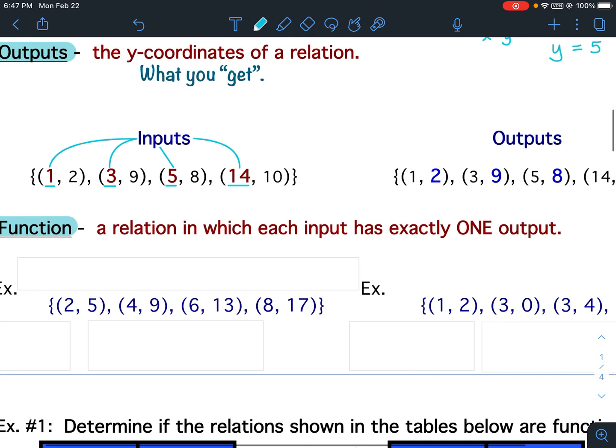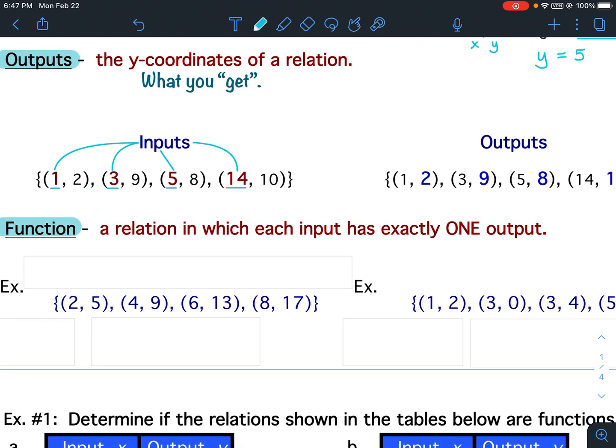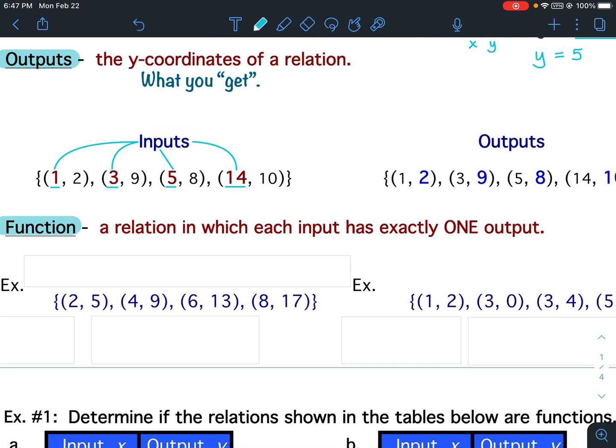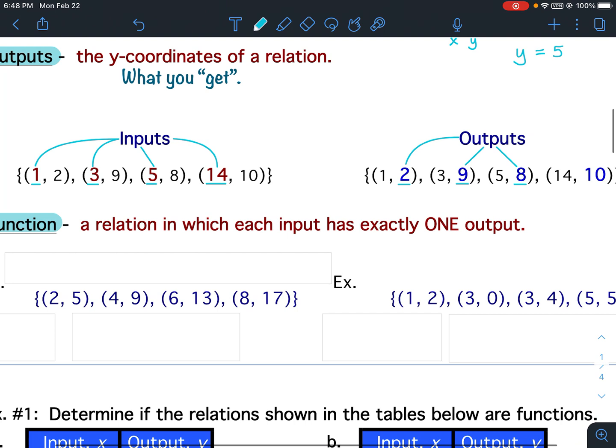And for this particular relation, if the input is 1, then your output is 2. If the input is 3, the output is 9. If the input is 5, the output is 8. And then last, if the input was 14, the output was 10.